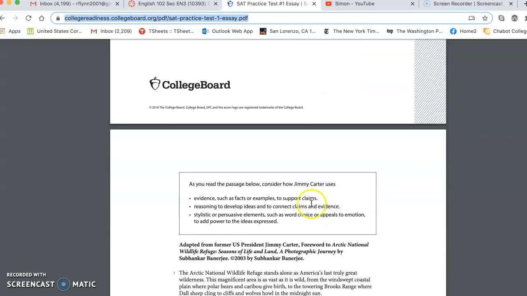They want you to read the passage, look at the evidence, and consider how he uses evidence or facts or examples to support claims. So as he lays out evidence, that's one thing. You could look at that and see how effective it is in supporting his claims.